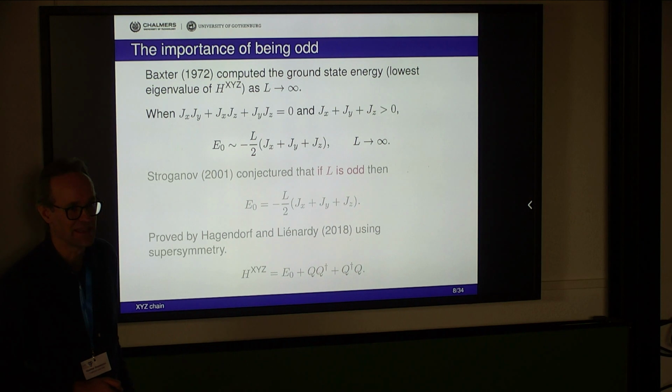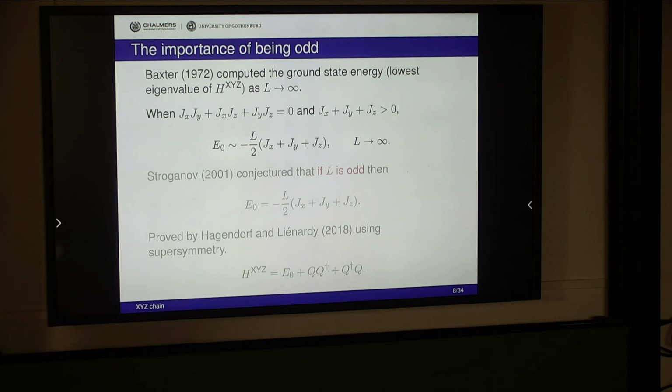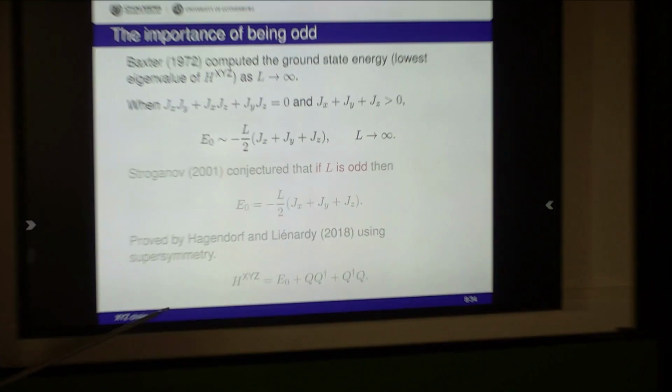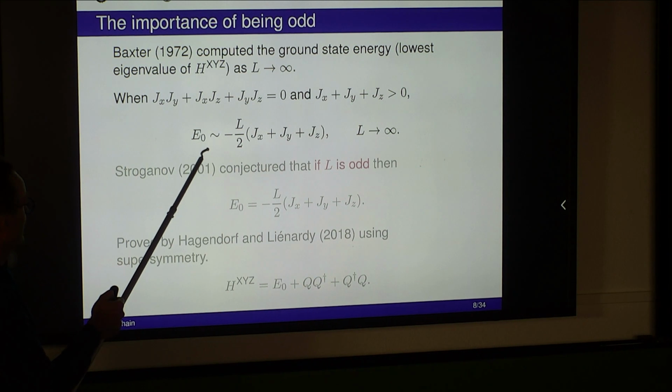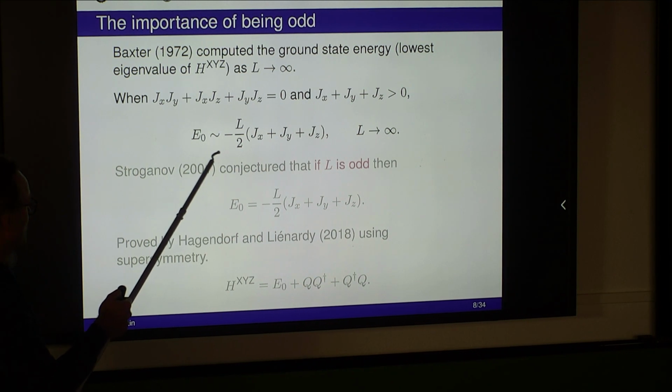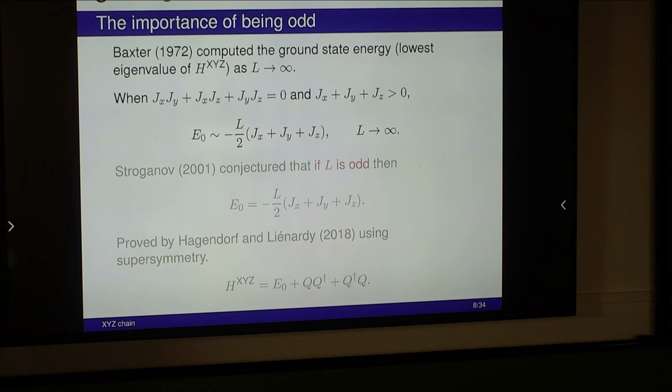So you really have a dramatic simplification, and that's something that Baxter mentions in his paper. What happens is that the lowest eigenvalue asymptotically is just the sum of the anisotropy parameters. So a very simple form.